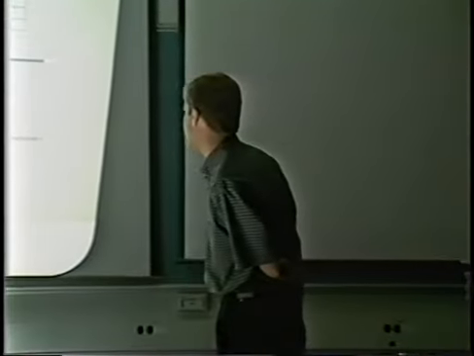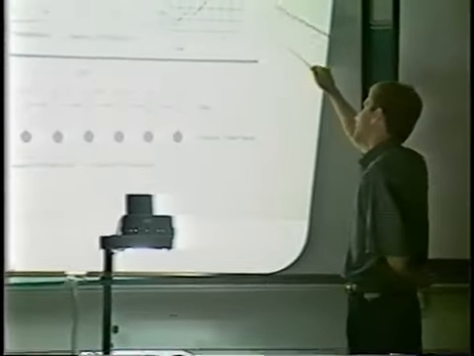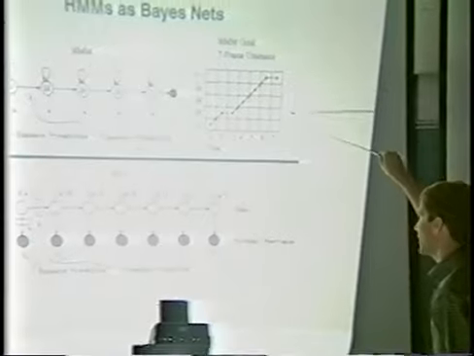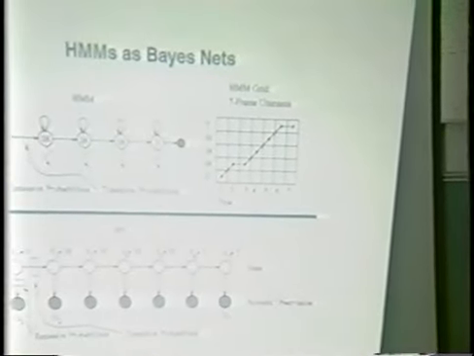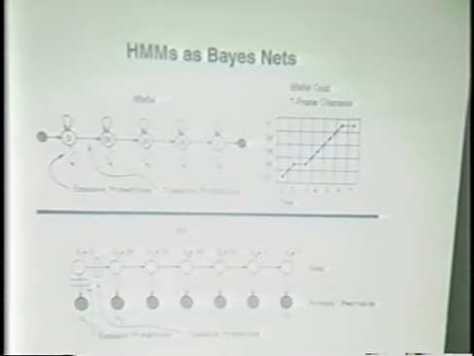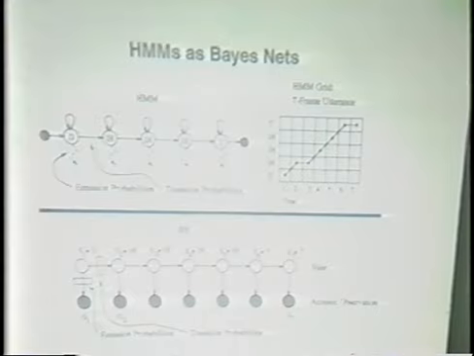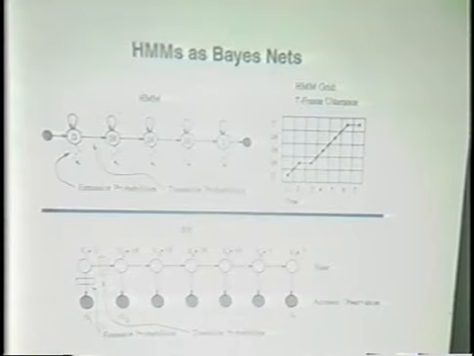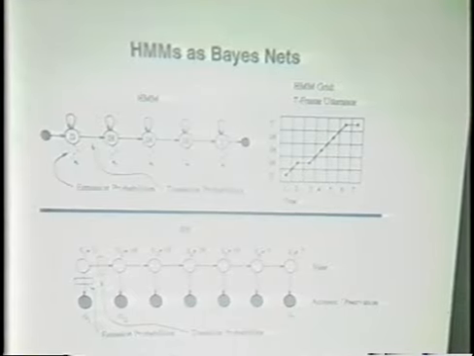A Bayes-net representation of the same thing combines both the HMM topology and this sort of time-specific grid into a single structure. The way to think about it is at each frame in time, you need to identify a set of variables that you want to keep track of.